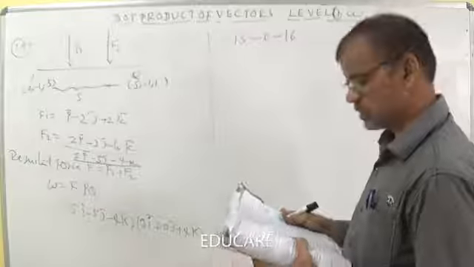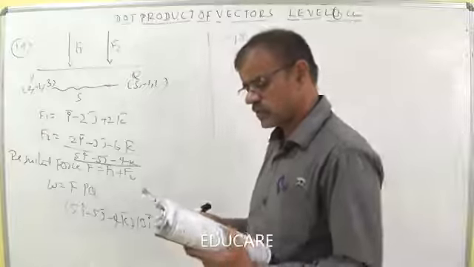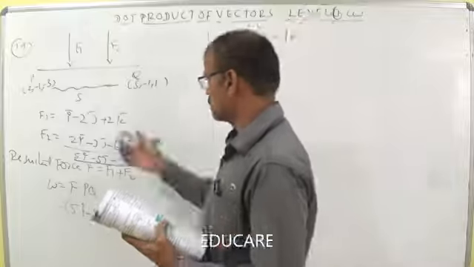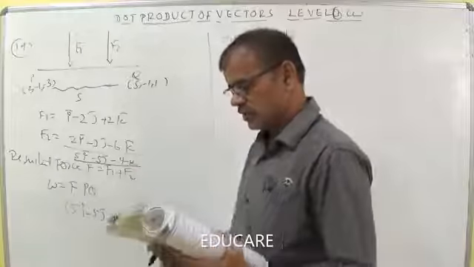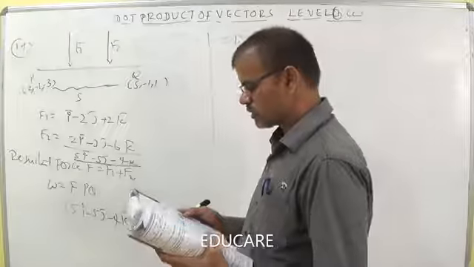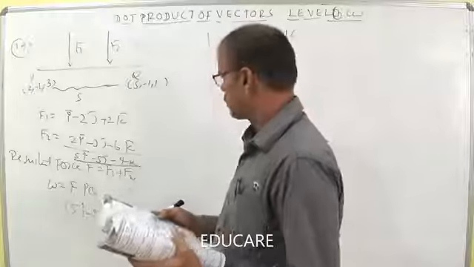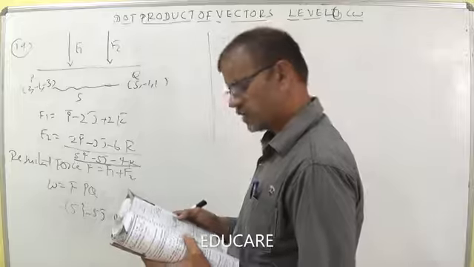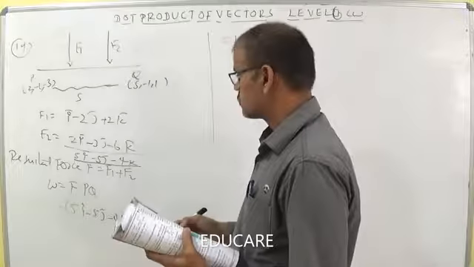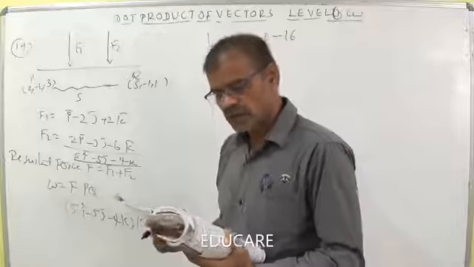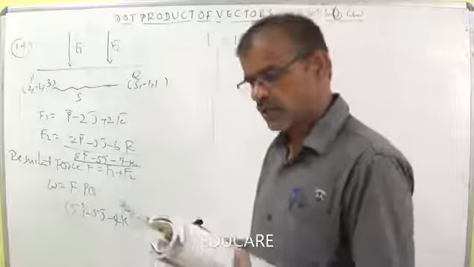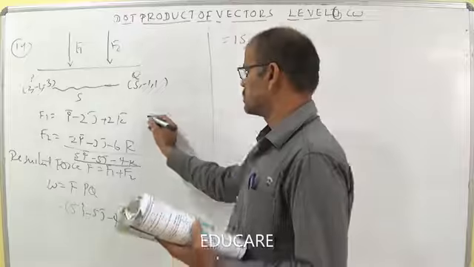I minus 2j plus 2k is the first force. That indicates the magnitude he gave, 6 and 7. 1 plus 4 plus 4. First force is of magnitude 6, but the direction is i minus 2j plus 2k. What is the magnitude here?